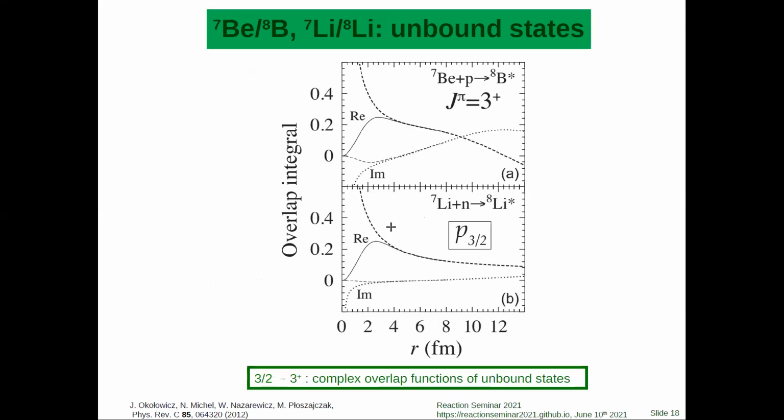And here is an example with unbound states. Because as we use the Gamow Shell model, where we have complex energies and resonance states are analytic continuation of bound states, this method of fitting the ANC with overlap function should also work in the complex plane, and it does. Because here one can see that the 3+ excited state, which has a large width, is also well described in the asymptotic region with complex ANC times the Coulomb function. And it is the same here with Hankel function times complex ANC.